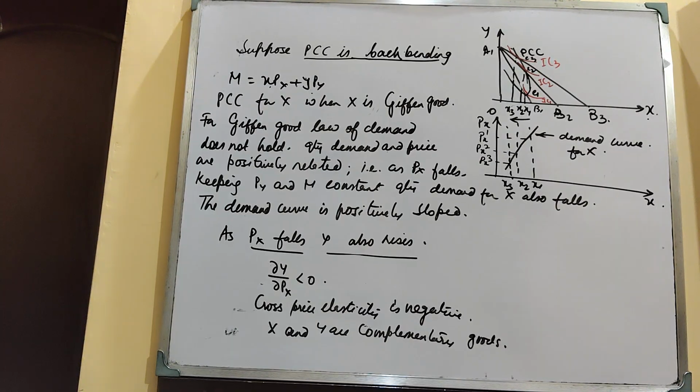I hope everybody understood the shape of PCC and the demand curve, how they are related, and how the own price elasticity and cross price elasticity are related to the different shapes of PCC. That's it for this video. Thank you.